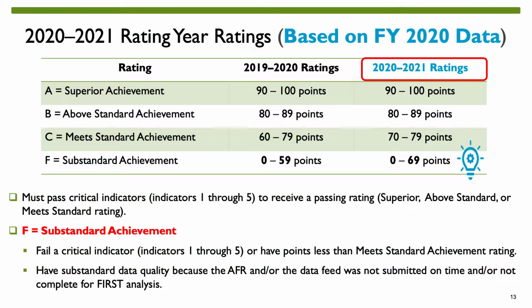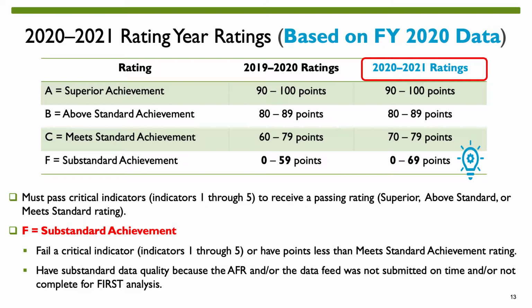Pay special attention to this light bulb. Right now, if you earn 0 to 59 points, you get an F. So you can make a 60 to 79 and still pass under the current indicators. But with the 2021 indicators, 0 to 69 is going to get you an F. So you don't have that long scale anymore. 90 to 100 points gets you an A. 80 to 89 is going to get you a B equals above standard. 70 to 79 will get you a C equals meet standard.